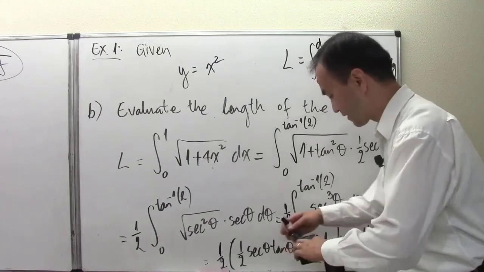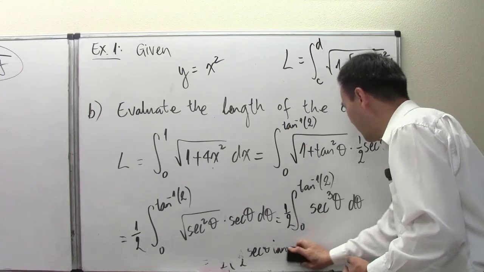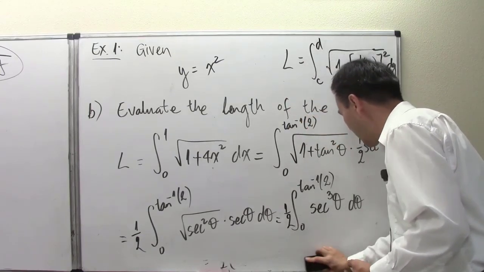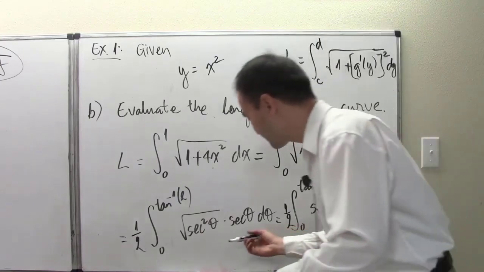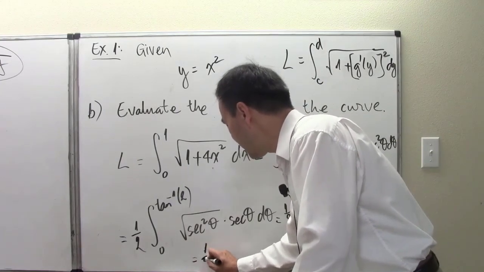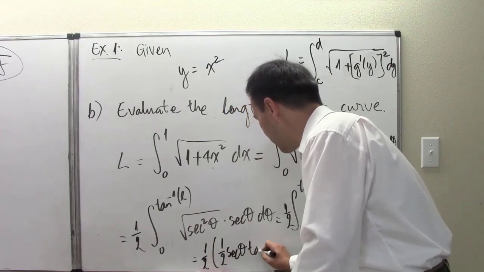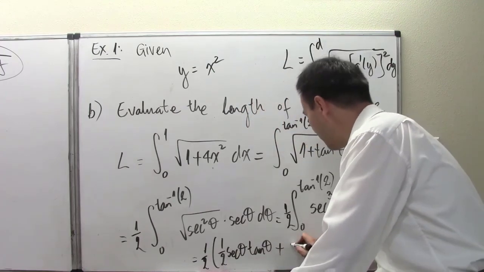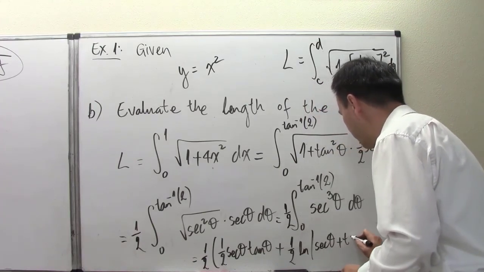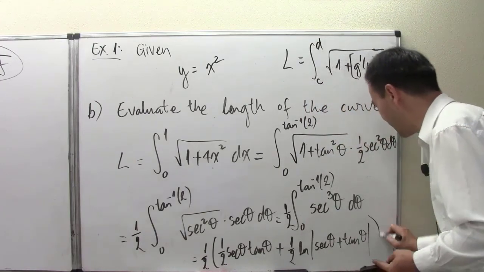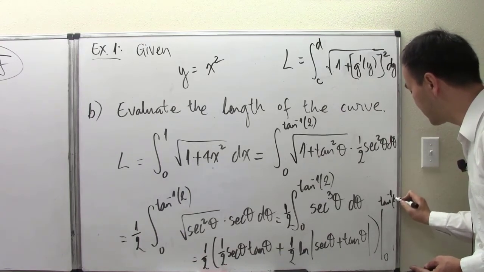So maybe I didn't leave enough space for myself. So that's 1/2, and then 1/2 secant theta tangent theta plus 1/2 natural log of secant theta plus tangent theta in absolute value, and then we're evaluating this from 0 to tangent inverse of 2.